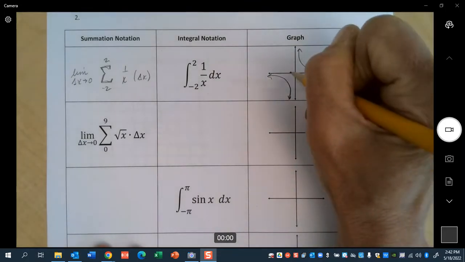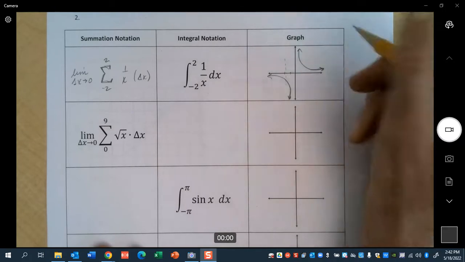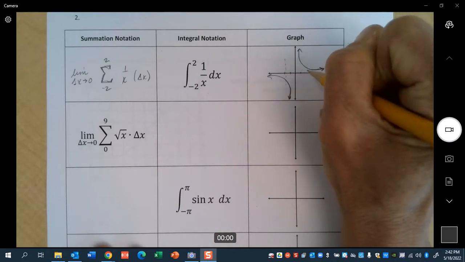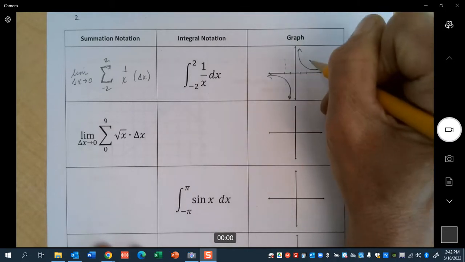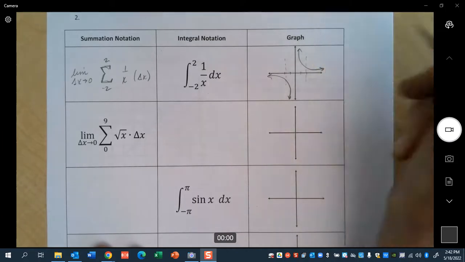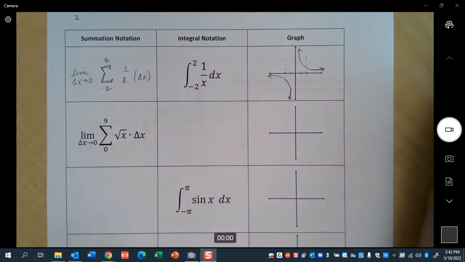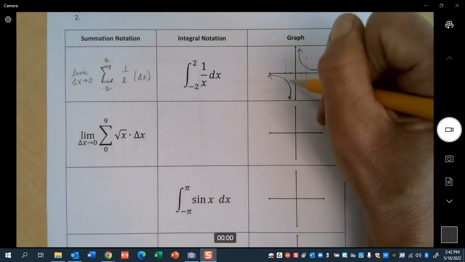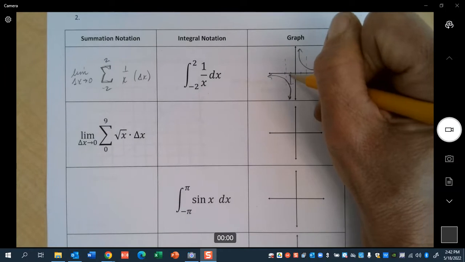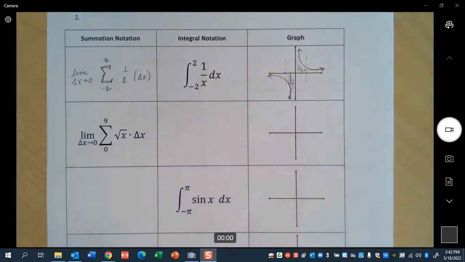If I'm talking about my interval from -2 to 2, I'm talking about drawing the graph with that interval, so we have this area under the curve and this area under the curve.